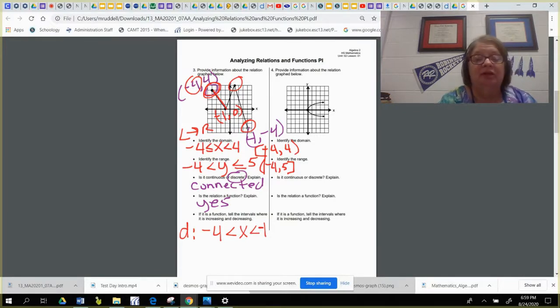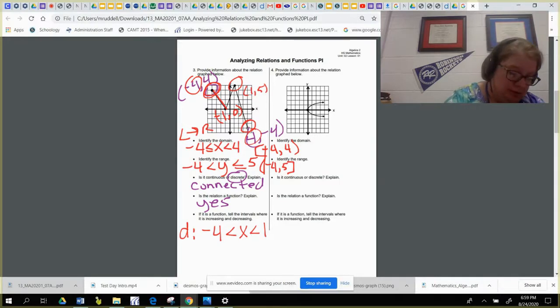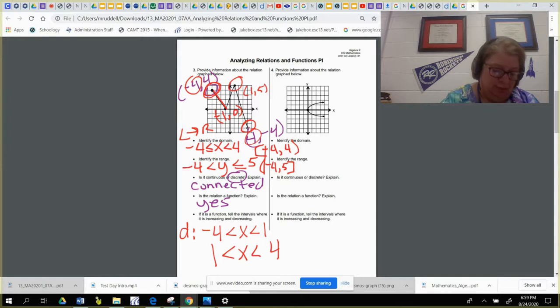There's another interval that decreases that starts up here where the x is 1, to down here where the x is 4. So another decrease from 1 to 4.